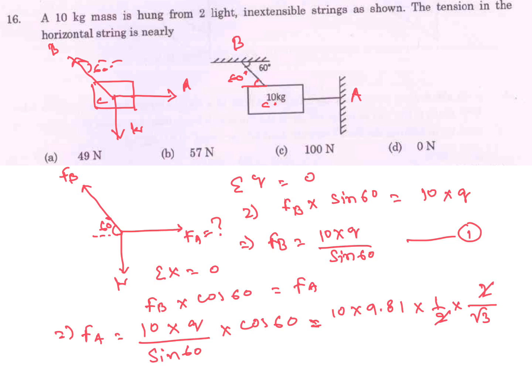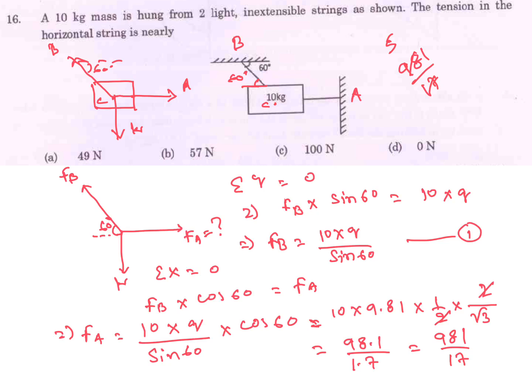The 2 cancels. It's 98.1 by root 3, which is 1.7, so 981 by 17. 17 into 5 is 85, 131. So it's more than 50.